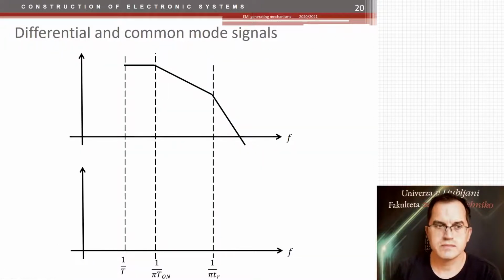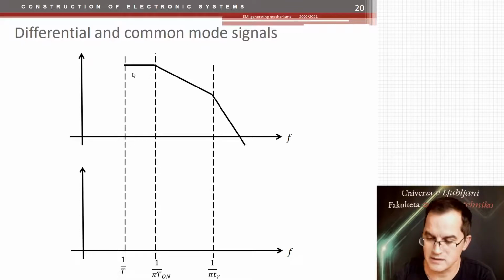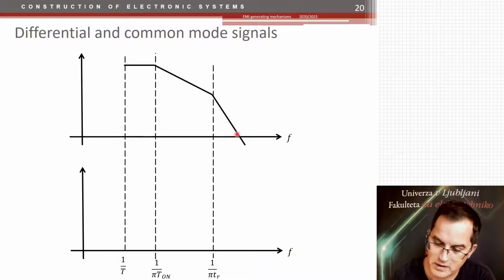So here I show you the spectrum of the digital signal. As you see, from the fundamental frequency, we have a spectrum which is flat, then the first corner frequency defined by the on time of the signal, following 20 dB per decade, and then to the corner value defined by the rise time, then it follows 40 dB per decade.